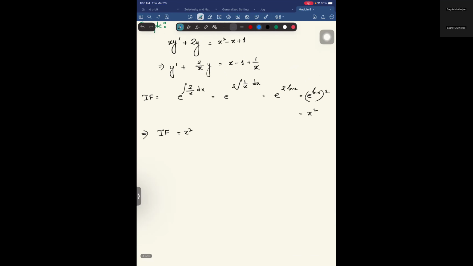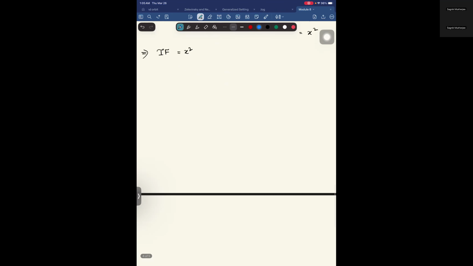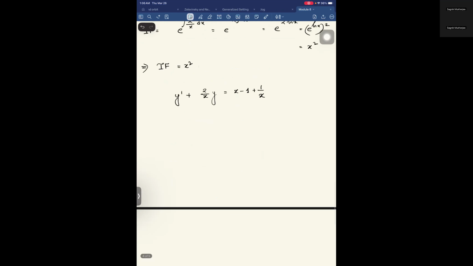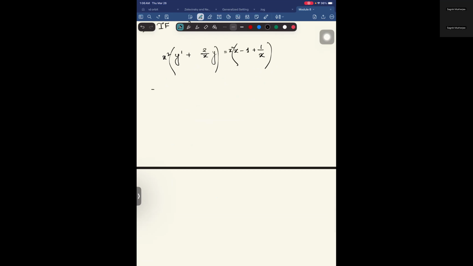So multiply x squared to the entire equation, right? So the left hand side, as we know, becomes d dx of y times x squared, and the right hand side becomes x cubed minus x squared plus x.